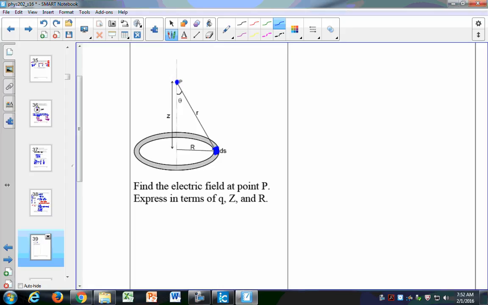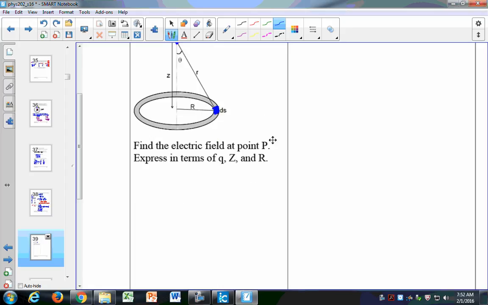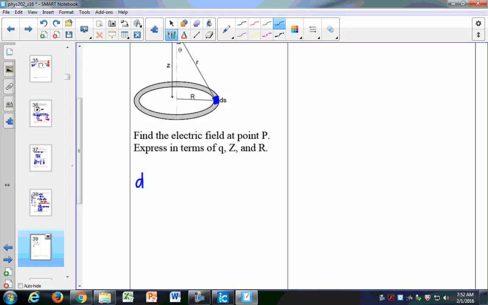This is our differential element, and the charge on that element, dq, will be equal to lambda times ds. Remember, lambda is our linear charge density. It says how much charge per unit length, and then we're just multiplying that times ds, the length of your little segment.